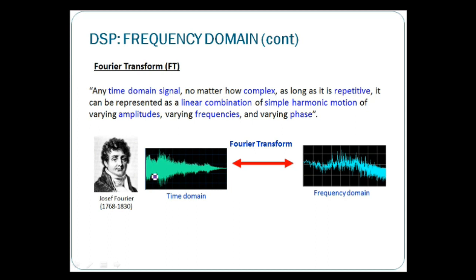So no matter how complex, you can still transform it to frequency. All the simple harmonic frequencies will be displayed on the frequency axis, at different frequency, different amplitude, or even different phase.